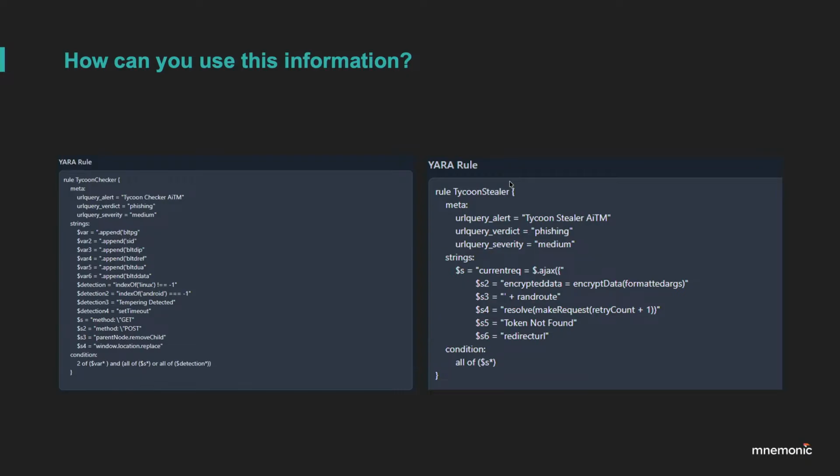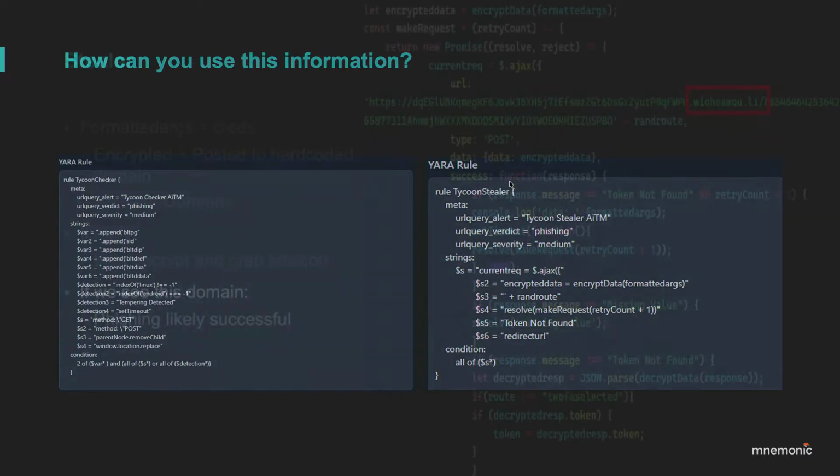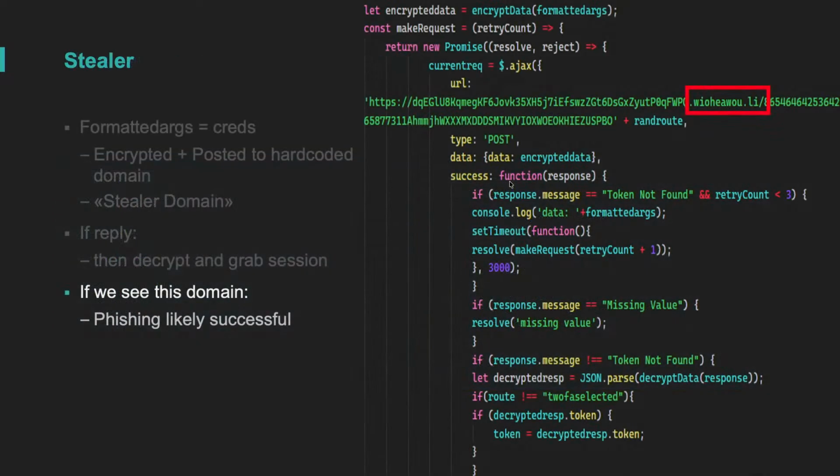So, what do we do with this data that we get from the URL query? Well, we use this to write detection logic, YARA rules in this case mostly. Here's a couple of examples. Variables when it comes to parts of the domain name, the formatted args that happen. If you go back here, you see those formatted args.